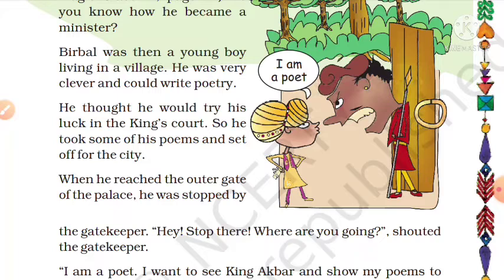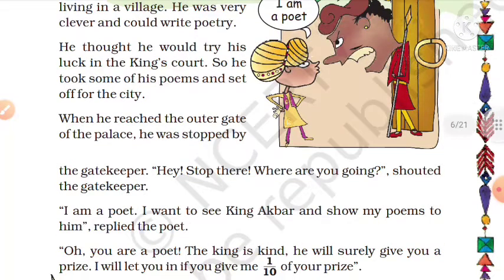The gatekeeper was standing in front of the palace. So he stopped Birbal. "Hey, stop here, where are you going?" shouted the gatekeeper. So the gatekeeper called him to stop.